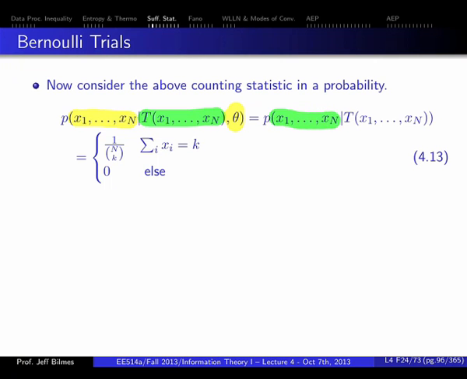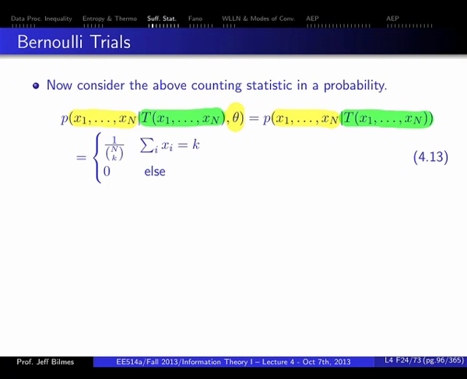It's equal to the probability of the sample given just the statistic, meaning that the true probability of heads no longer matters. And that probability is governed by this quantity. It's just basically 1 over n choose k, whenever the sum for i equals 1 to n of x_i is equal to k, and is equal to 0 otherwise.